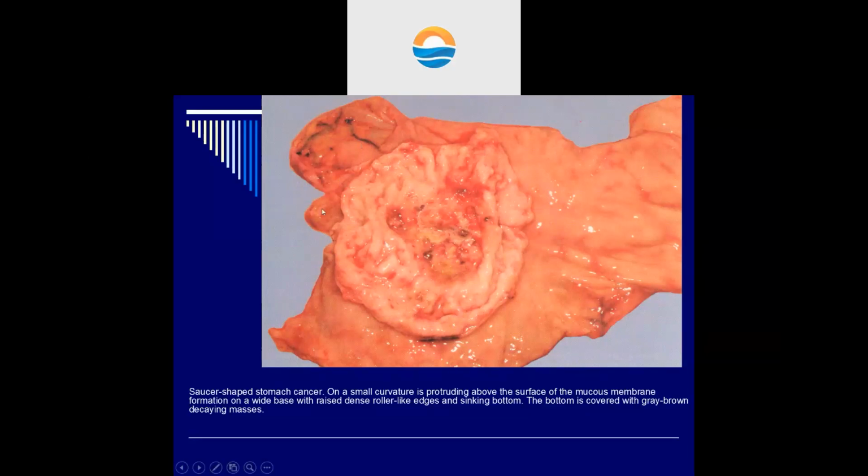The cancer has a wide base with raised, dense, roller-like edges and a sinking bottom. The bottom is covered with gray-brown decaying masses. So there are secondary changes in this particular carcinoma.